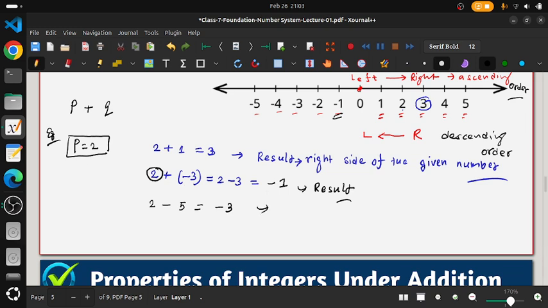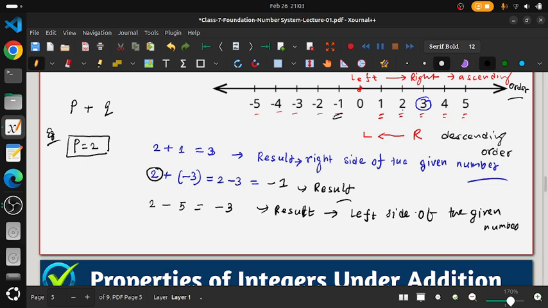So in this case also the result is minus 3. And where will be the result? It will obviously be on the left-hand side, the left side of the given number, correct?